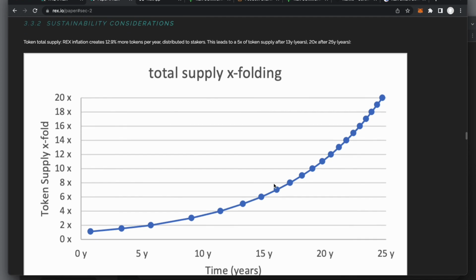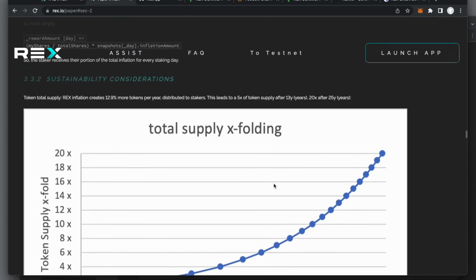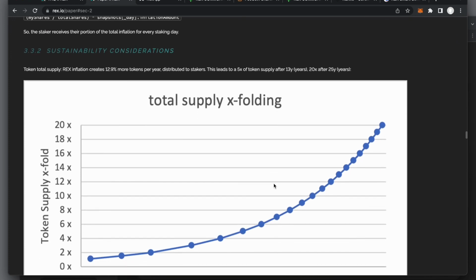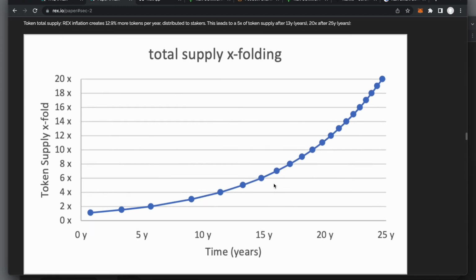All right, now we have a little section on the sustainability considerations of Rex. The total token supply. The Rex inflation creates 12.9% more tokens per year distributed to stakers. This leads to a 5x of token supply after 13 years, or 20x after 25 years.